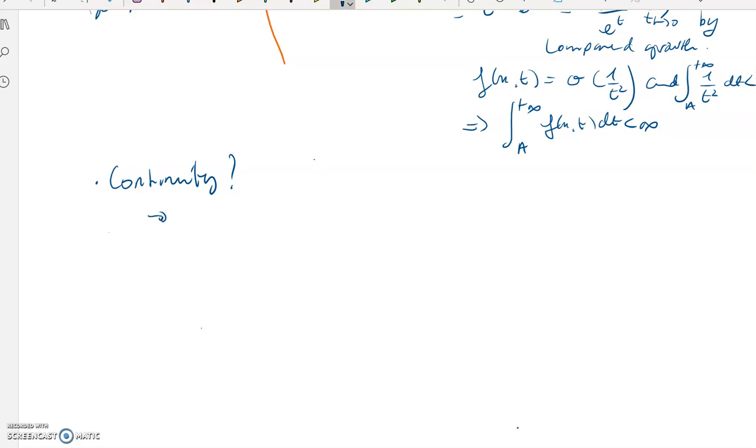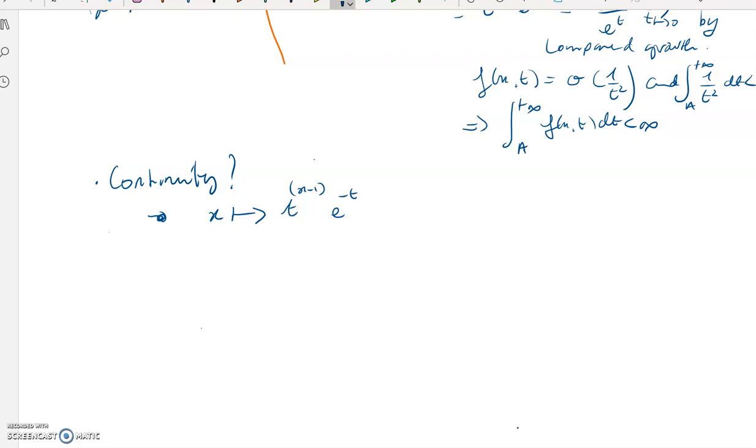The first thing we need is that we have continuity in x of the inner function. So that means the function that for x gives you t^(x-1) times exponential of minus t.